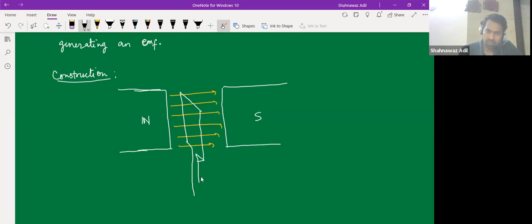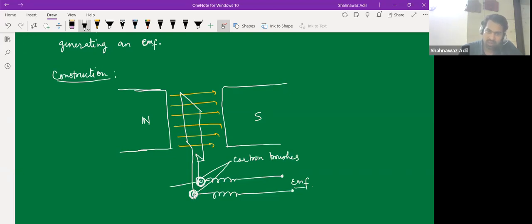And then you have these carbon brushes, and EMF is generated here. And then you have these circular things which are slip rings, right? So these are connecting these circuits, okay?